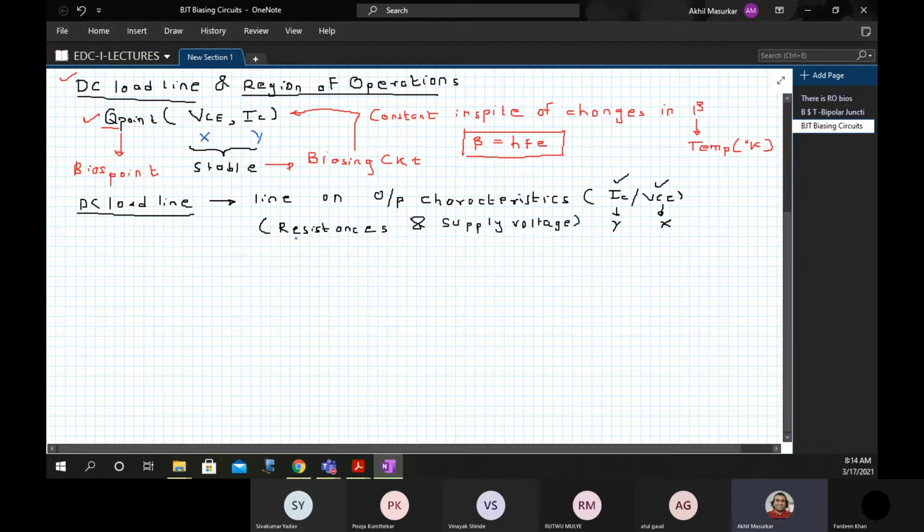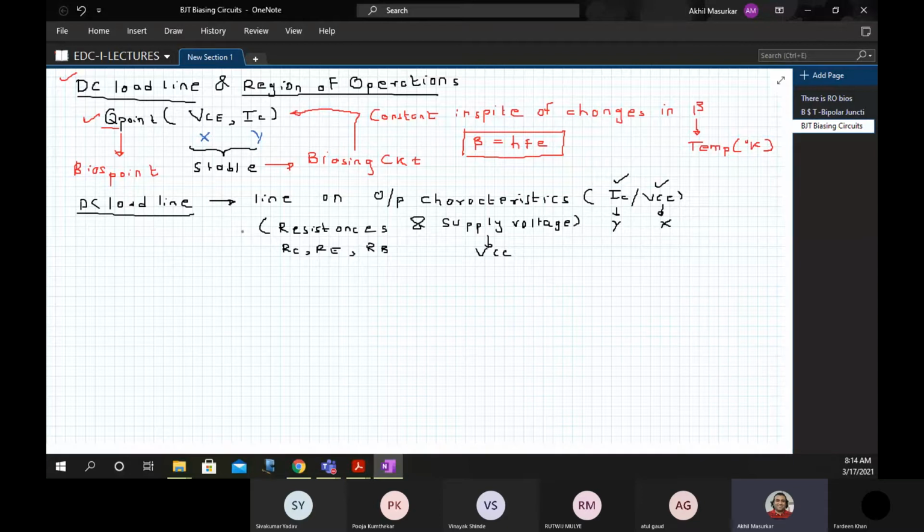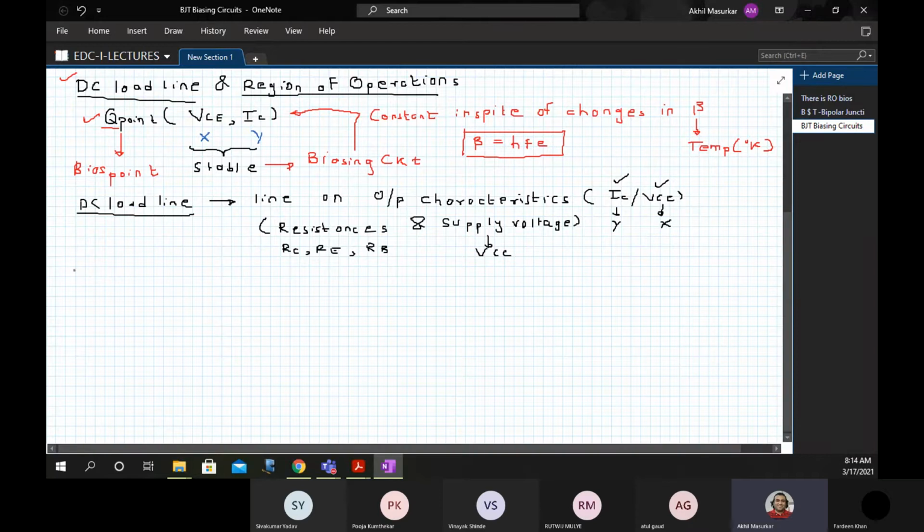Resistances can be RC or RE, or there can be some input side base resistance RB, and the supply voltage is generally called VCC. The load line shows all the corresponding levels of IC and VCE that can exist in a circuit.